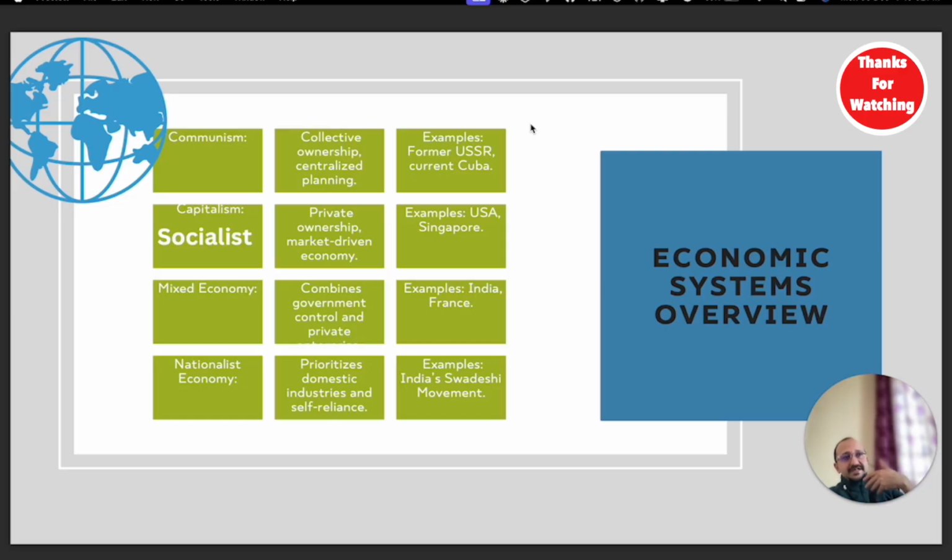So if parents have 10 chocolates, it's their wish to give one chocolate each to both of you, or two chocolates, or maybe five chocolates. But they are strict, so they will keep eight chocolates with themselves and give one chocolate to both of you. So they are controlling.